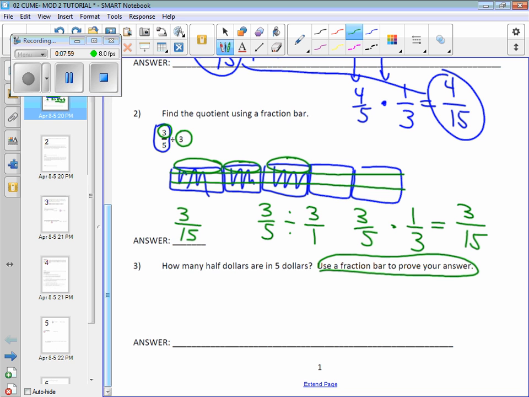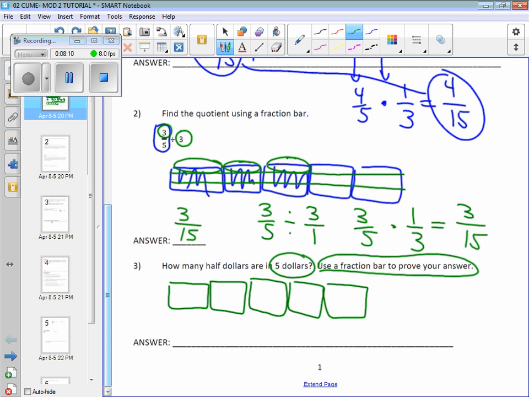Well, let's see. We're going to take $5 and I'm going to make a tape diagram that's 5 pieces long. Each one is being divided up into halves. So watch here. Think of this as being $1 right here. This is $1.